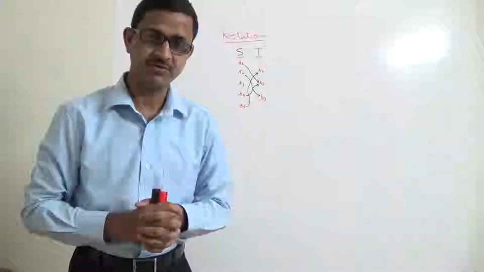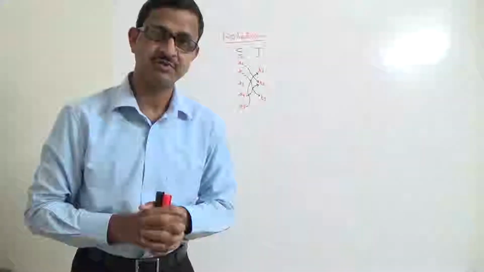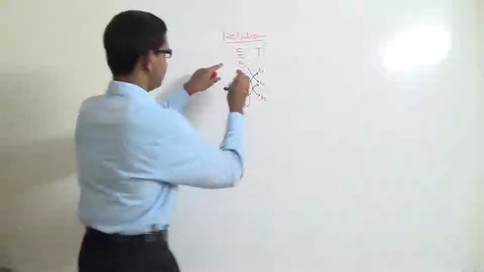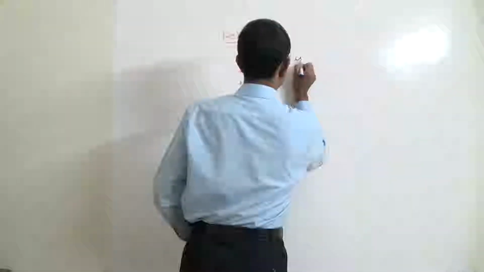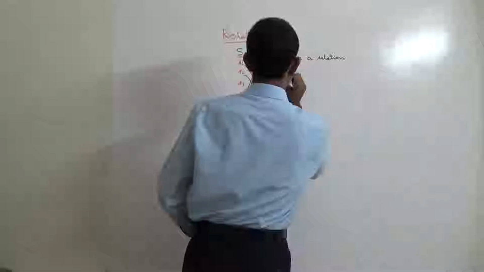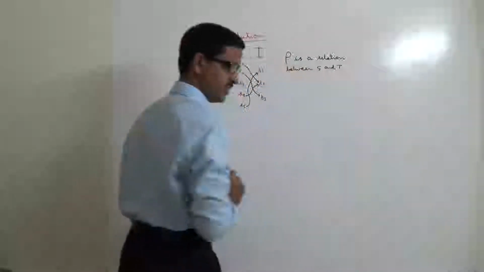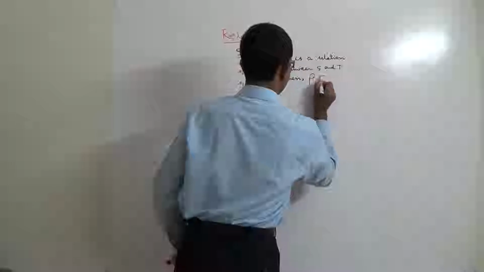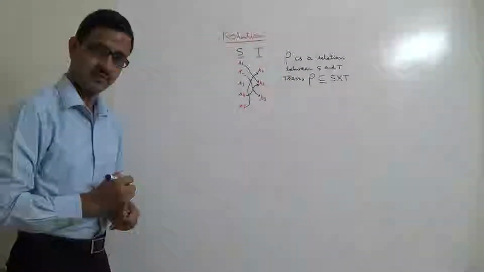A relation between these two sets S and T is a set which is a subset of the Cartesian product S cross T. So, if we define the relation between S and T as rho, then we must have rho is a subset of S cross T. Correct?